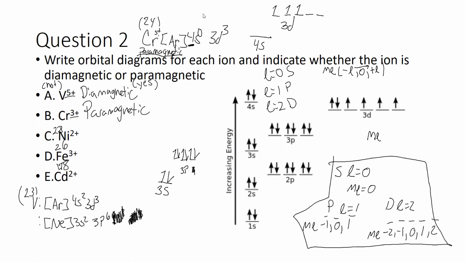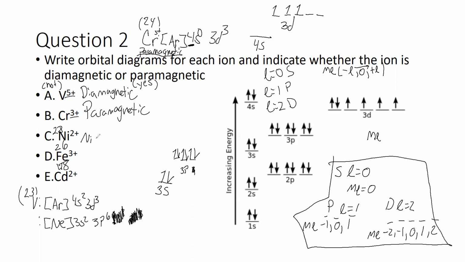All right, so let's take a look at this. Let's do nickel 2+. The way I like to do this to show people how it's done is I always write out the neutral element and then do the ion. You don't have to do that. You can just go straight to the ion if you're feeling confident.